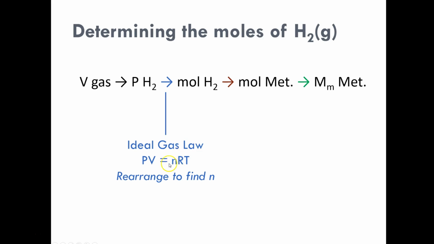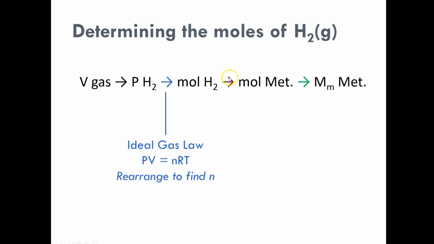And so really what you're after is this N. You want to know how many moles of hydrogen gas are represented. So you're going to use your algebra to rearrange this equation to find N. You're going to make sure that the pressure, the volume, the temperature, and R are all in units that will cancel out with each other to give you moles as your final unit in this calculation.